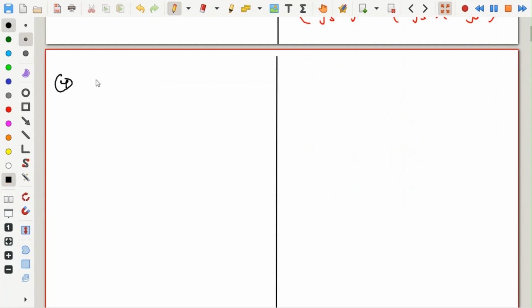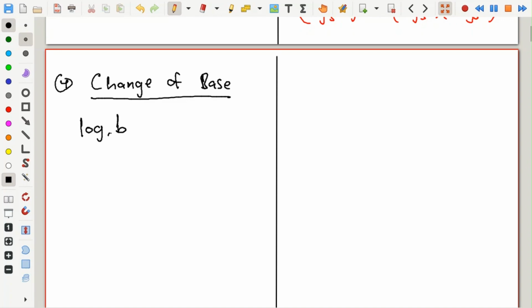Now we have another one called change of base. You can change the base of your logarithm to any base that you want. Example, I have been given log b to the base a. I'm being told to convert this expression to base c.